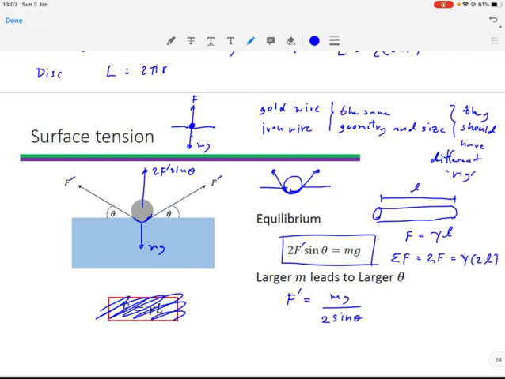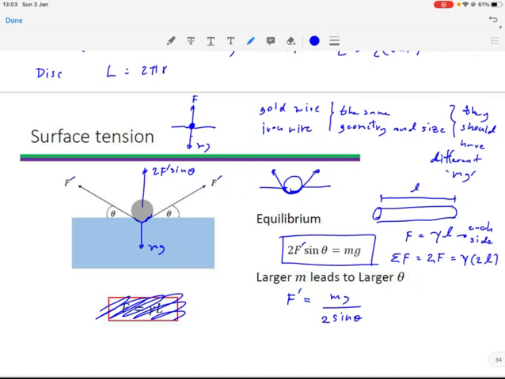But you know that F is the force that acts on each side, right? For the case where the object has a weight of mg, this is still not the maximum, right?